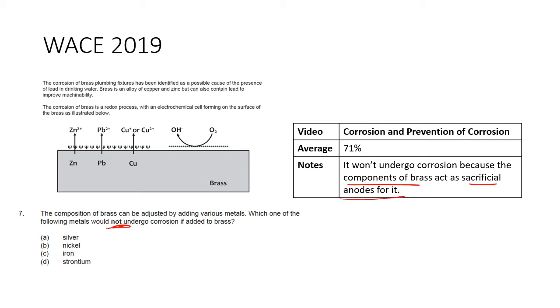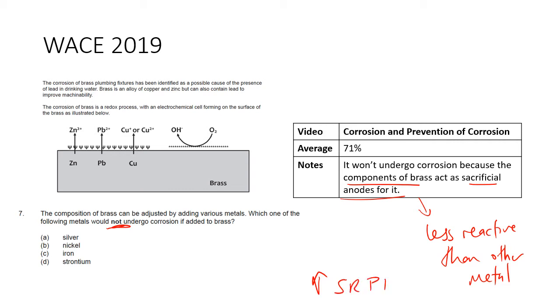So that means that this has to be less reactive than the other metals, which means it needs to be higher on the standard reduction potential table. So if you're looking for the one that's higher above all of the others, it's going to be silver. You can find all the others. Silver is the highest one on the standard reduction potential table, and therefore will not undergo oxidation before all of the others. All right.